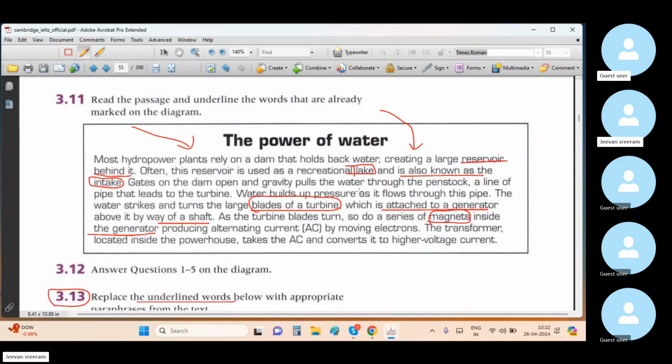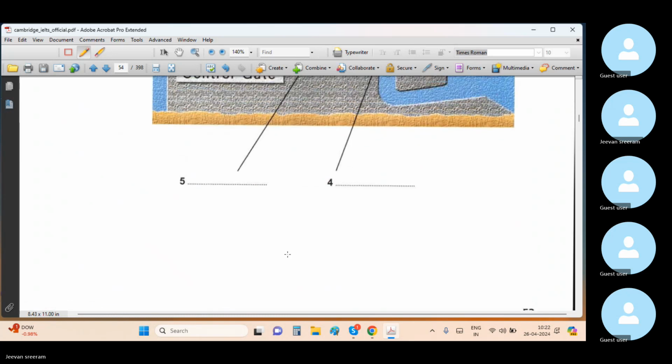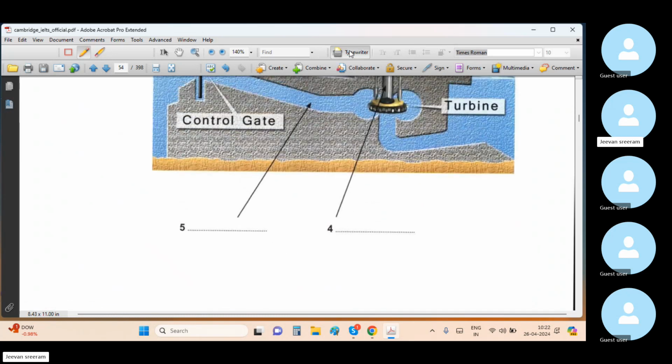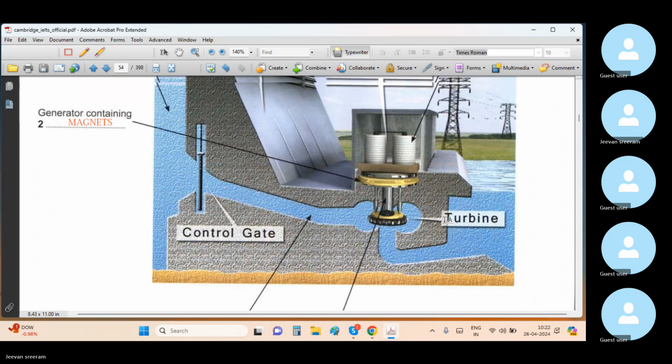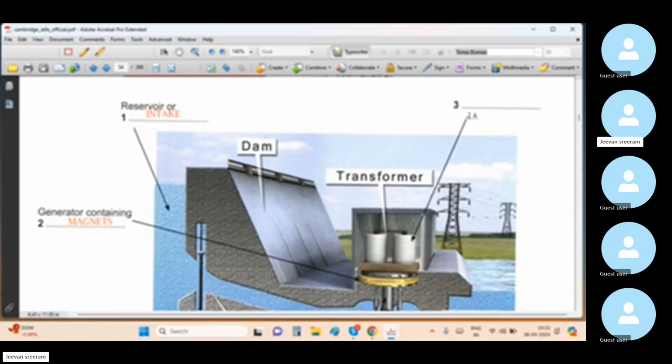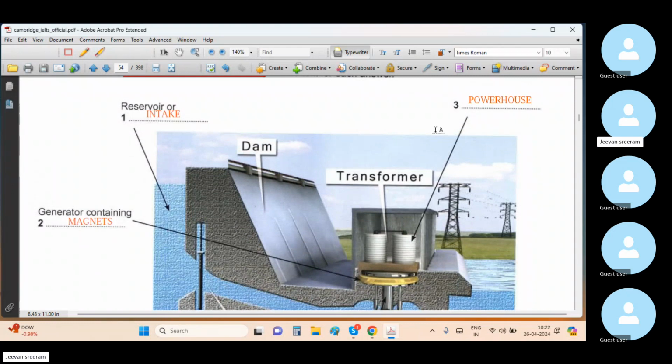Powerhouse. Yes, you're right. The transformer is located inside the powerhouse. You should have written powerhouse, right?